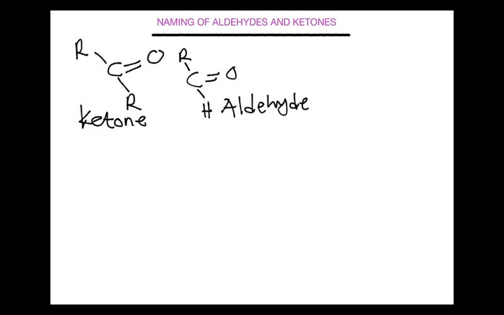If you're watching this video, it means you have probably done naming of alkanes. Now it is very simple. When we are talking about naming of ketones, if this is an alkane, we replace the terminal E in quotes by ONE in ketones.